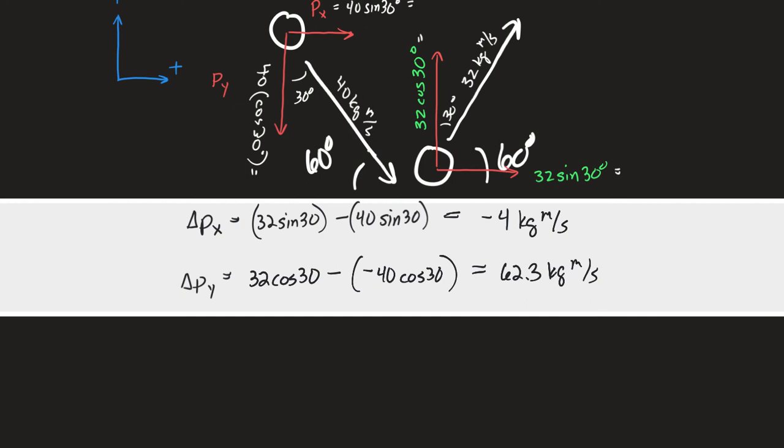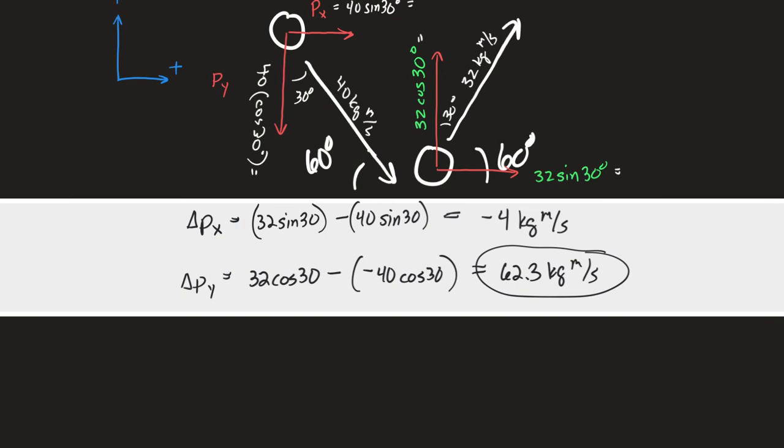Now, this part might not be obvious to you, so I want you to hear me out. This is how much the Y momentum changed. And notice how big it is. It was going down. We had to stop it from going down, change its direction, and make it go upwards. That's why there's a big change in momentum in the Y direction. It's positive because it had a negative momentum, which we had to absorb, turn it around, and push it back. But in the X direction, there's a negative change in momentum.